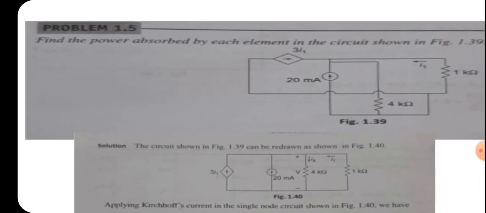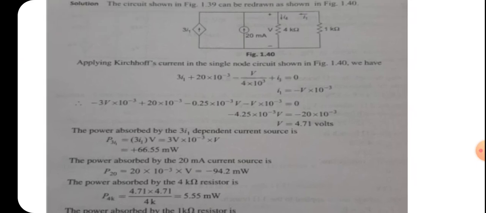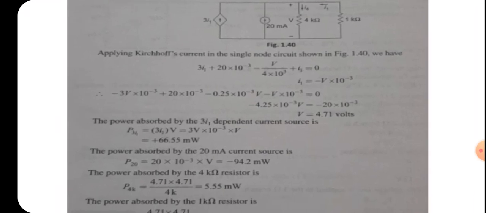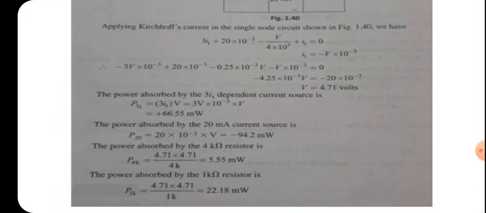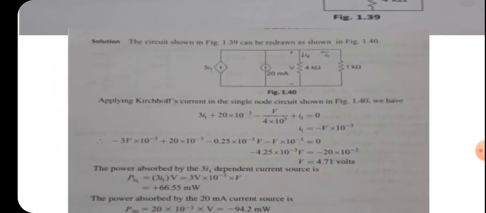Okay, and you are asked to find out the power absorbed by each element in the circuit. So the power absorbed by the 4 kilo ohm resistor and the power absorbed by the 1 kilo ohm resistor. First of all, the power absorbed by the 3I1 dependent current source is equal to, what is power? Power is equal to voltage into current, VI.